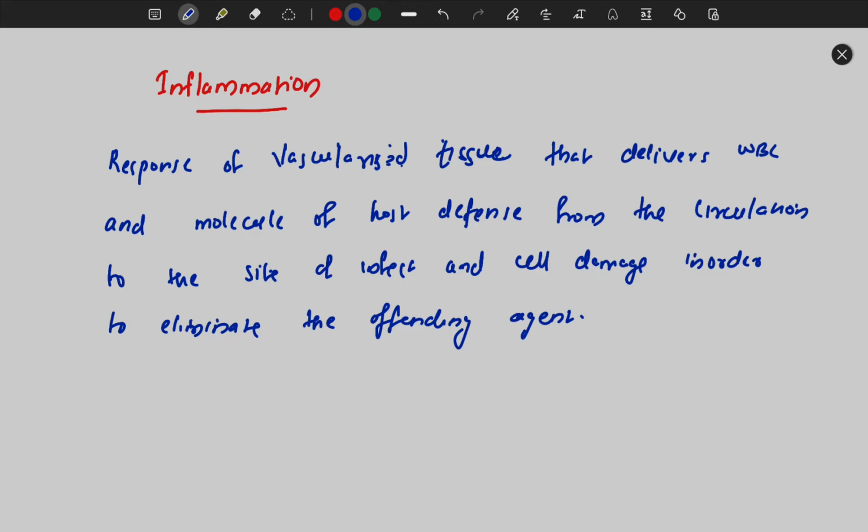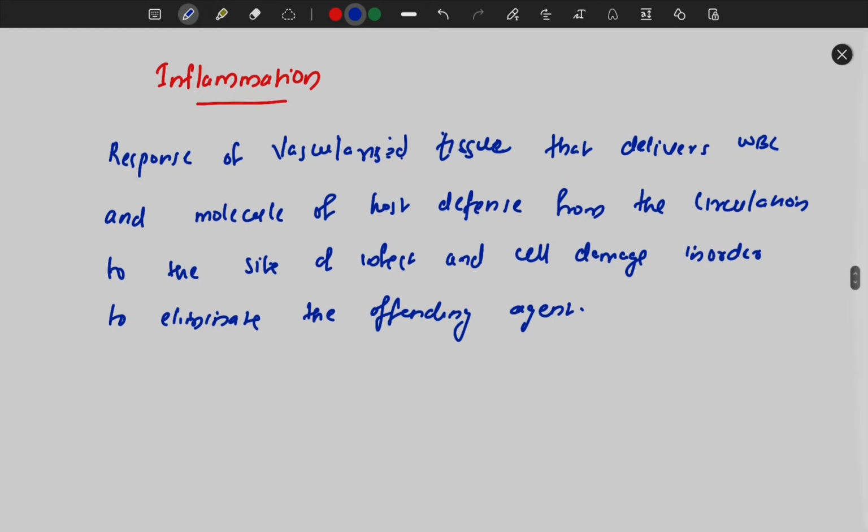Even though inflammation suggests a harmful reaction, it is actually a protective response that is essential for our survival. It serves to rid the host of the initial cause of cell injury, that is, it eliminates the microbes, the toxins, and the consequences of such injuries, that is, the necrotic cells and tissues.